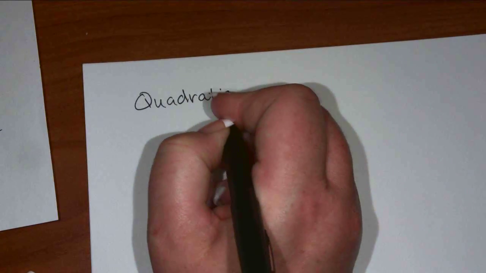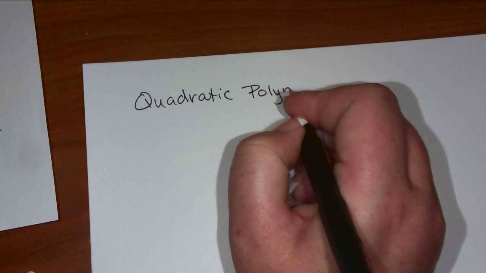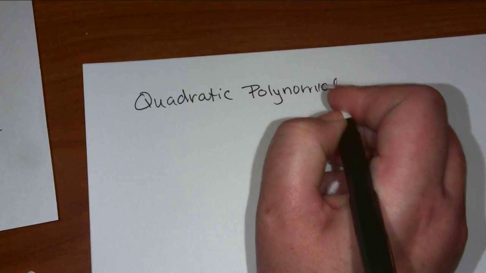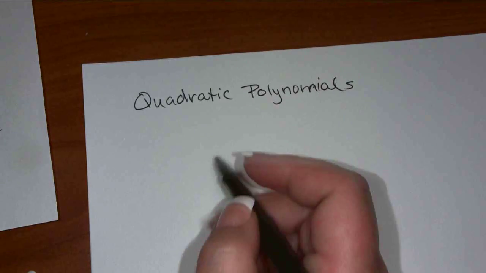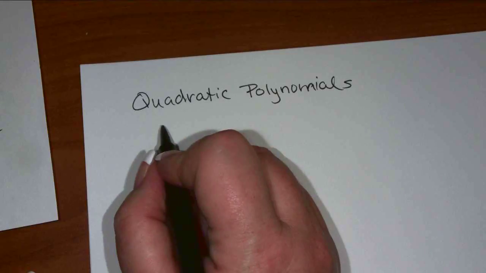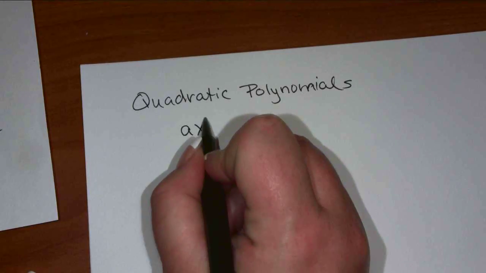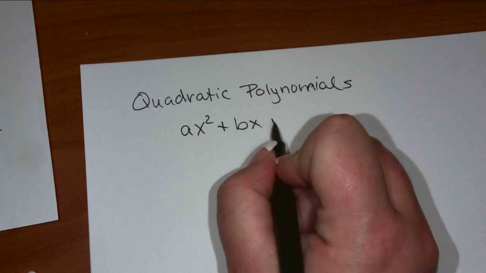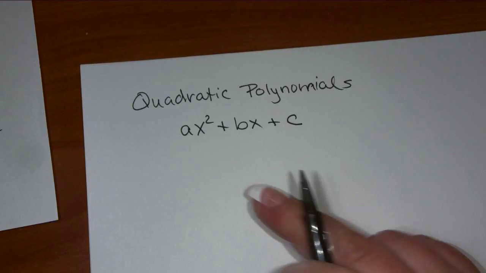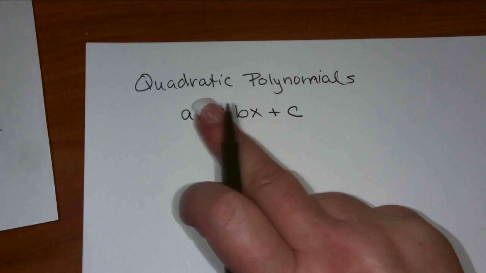So a polynomial, or quadratic, okay, so a quadratic meaning squared.